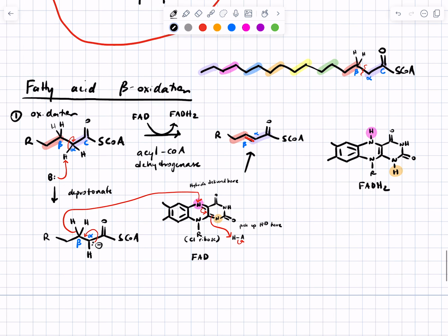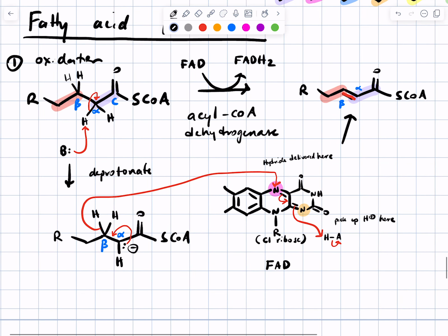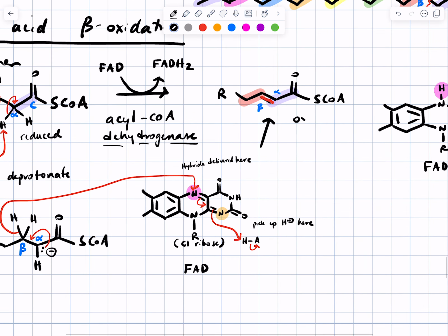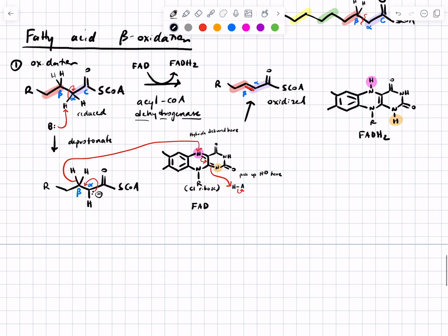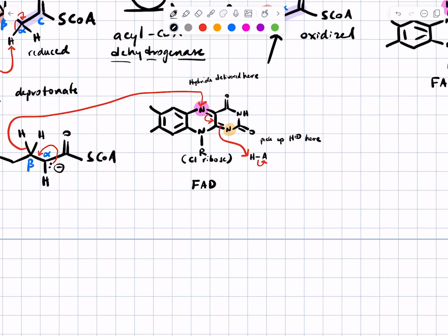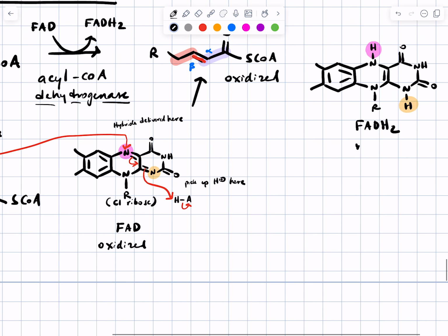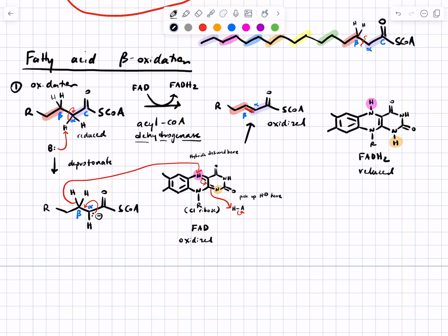This is a redox reaction. You can tell it is because it's a dehydrogenase enzyme. This fatty acid is the reduced form, and it gets oxidized to the alpha beta unsaturated carbonyl compound. The FAD is the oxidized form, and it gets reduced to form FADH2.